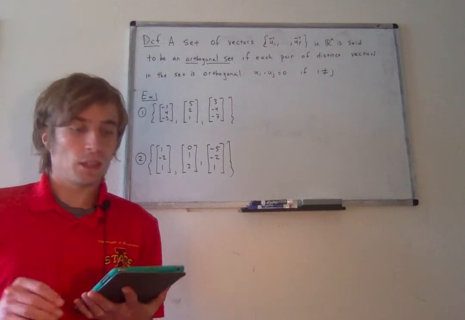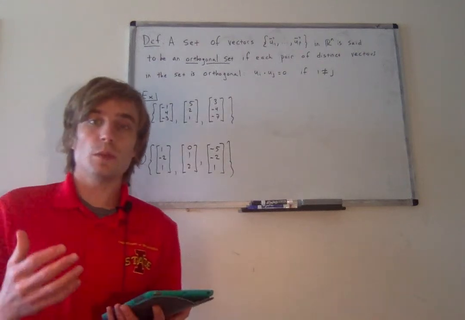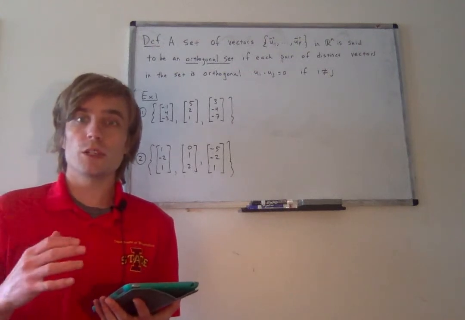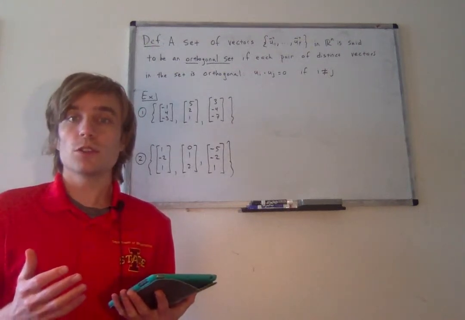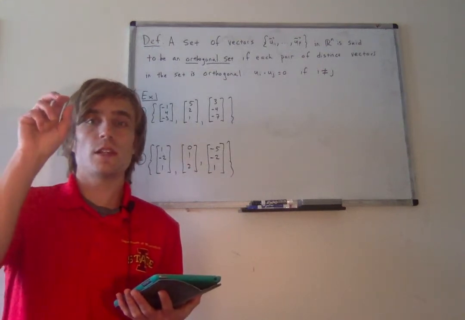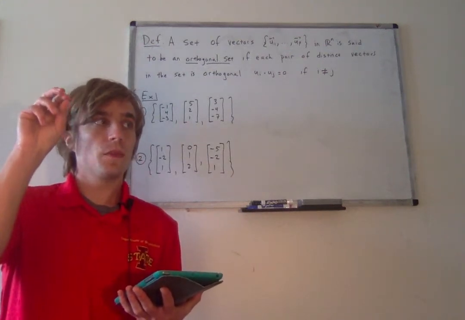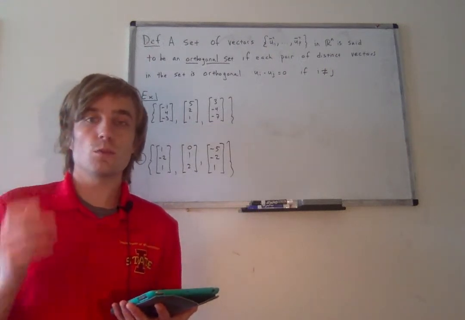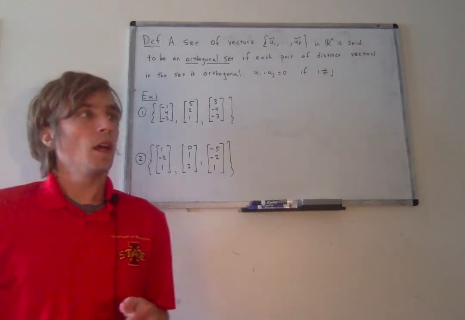But anyways, remember in section 6.1, we introduced this new operation called the dot product of two vectors. You basically just line up the entries of the vectors, multiply the corresponding entries, and then take the sum of all of those products.